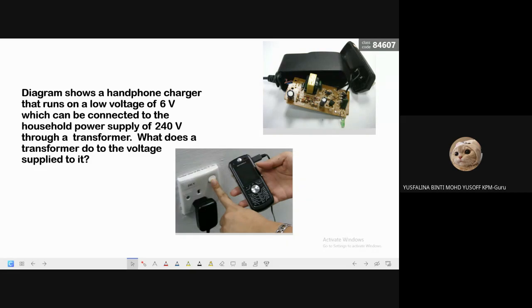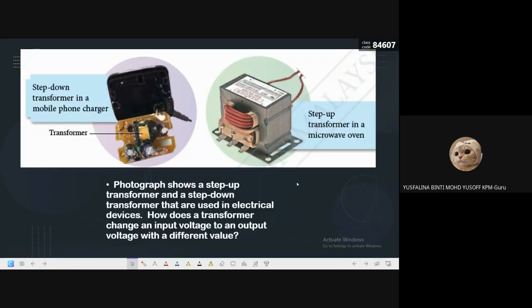You can see there is a diode, and of course this is a transformer. They have a resistance here to control the current. So what does a transformer do? Of course, the transformer will step down.